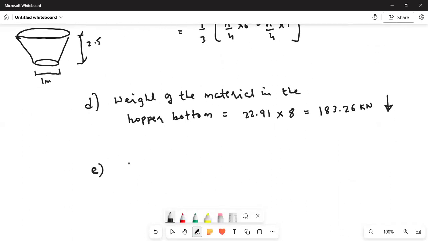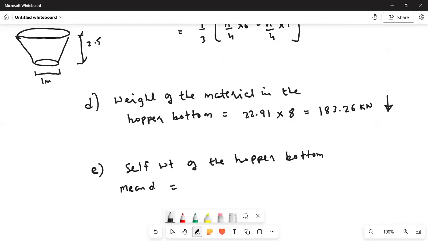E, self weight of the hopper bottom. So we need to find the mean diameter first.